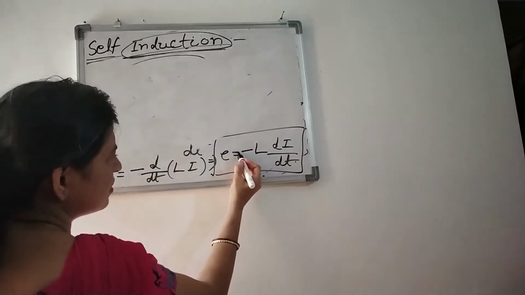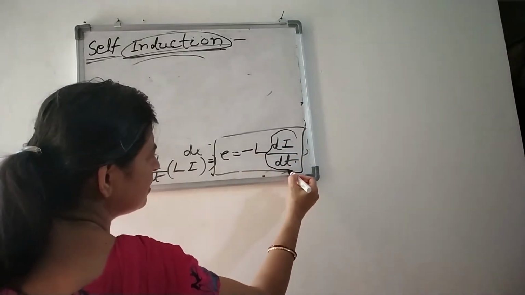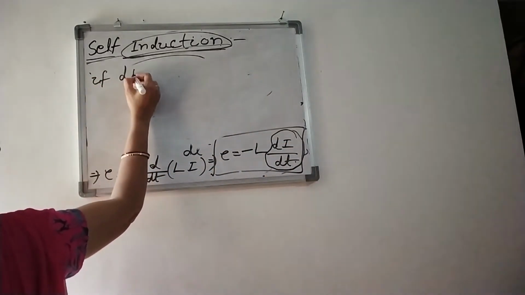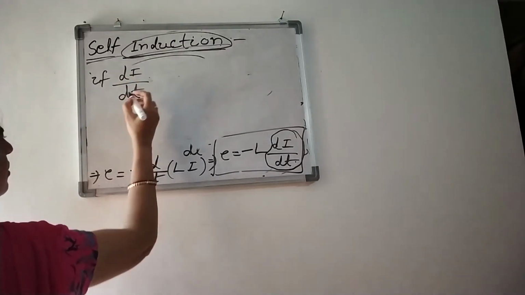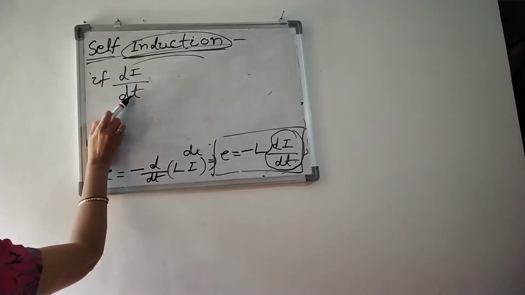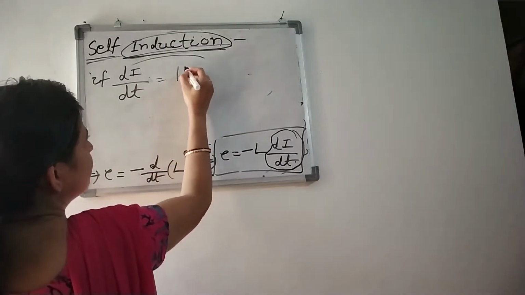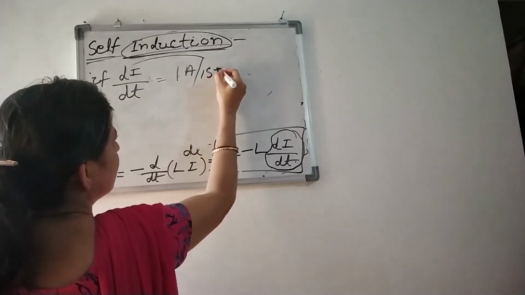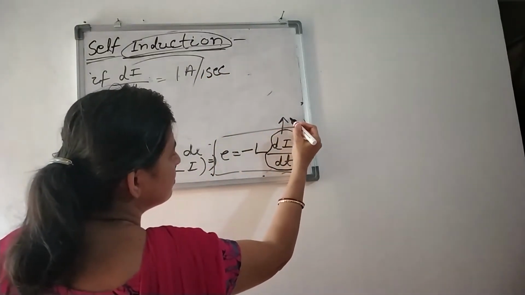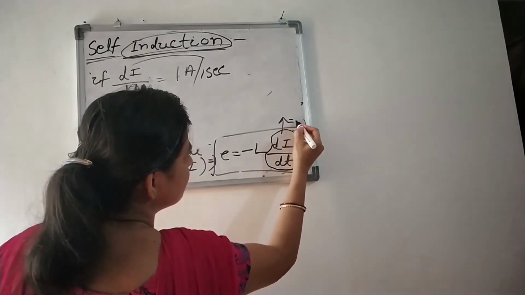Now from this relation, what is di by dt? This is the rate of change of current, equal to 1 ampere per 1 second. That means this is equal to 1.